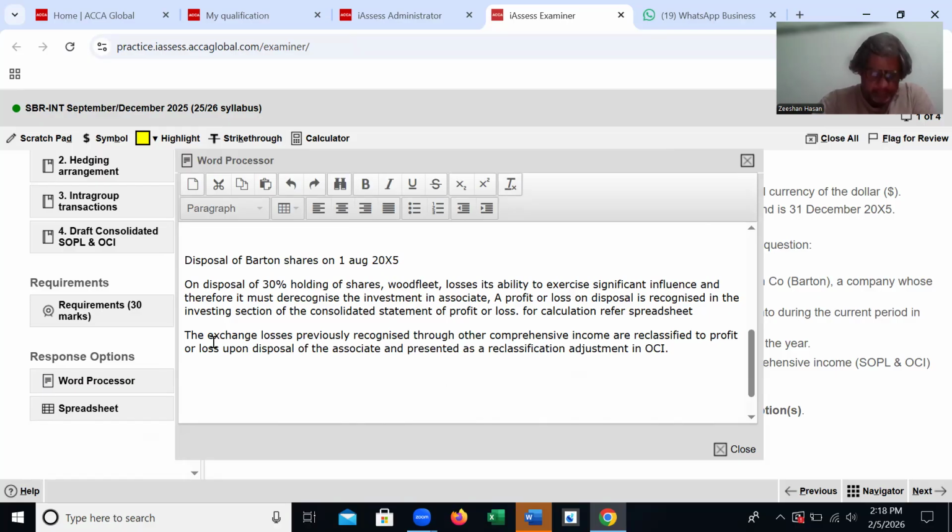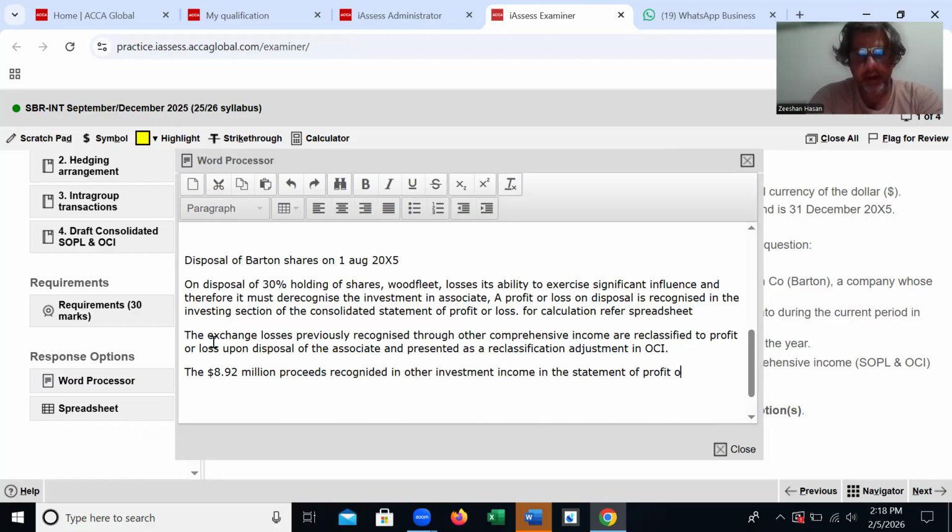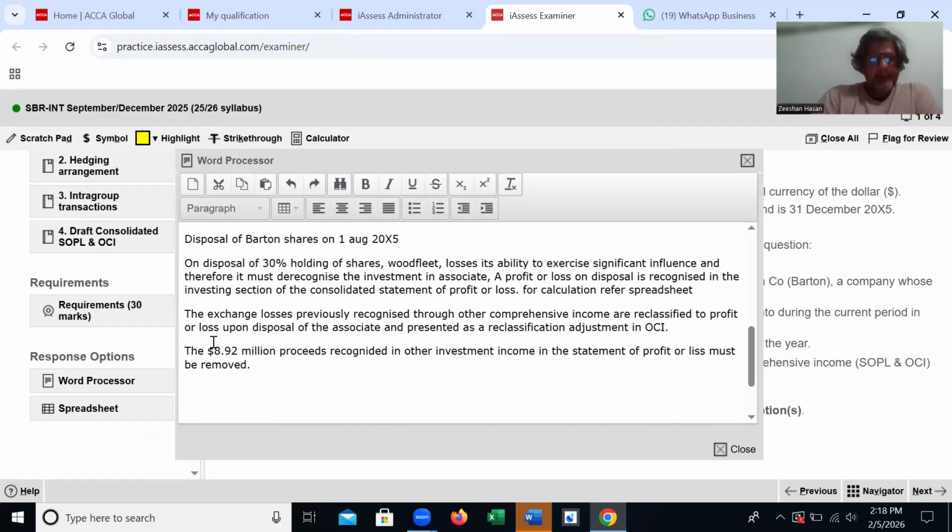So the dollar 8.92 million proceeds recognized in other investment income in the statement of profit or loss must be removed.